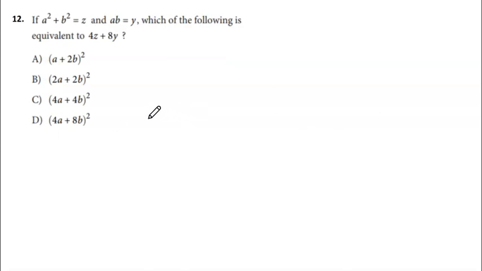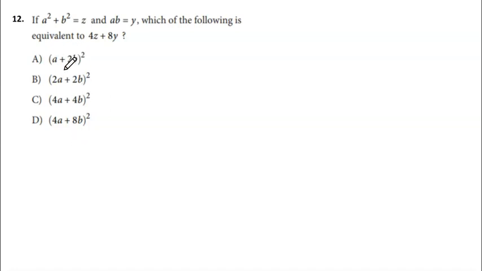All right, so for question number 12, we have a squared plus b squared is equal to Z and AB is equal to Y. Which of the following is equivalent to 4Z plus 8Y? So basically, we're going to substitute for Z and Y. And whenever you read the equation, just do a quick scan at the answers.